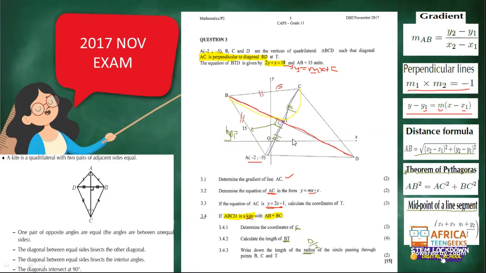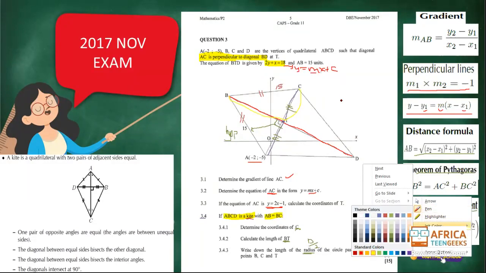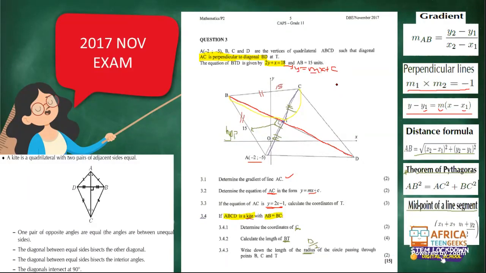You will realize that, let me try to use a different color. So let's say maybe this was B.